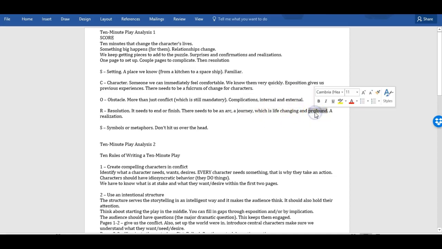Life-changing and profound. That's a really good word to use to help articulate the difference between a skit and a 10-minute play. In a 10-minute play there is something profound about it. It says something about what it means to be a human being living today. Even if you write a historical piece that's set in the year 2000, the year 1000, it says something about what it means to be human.